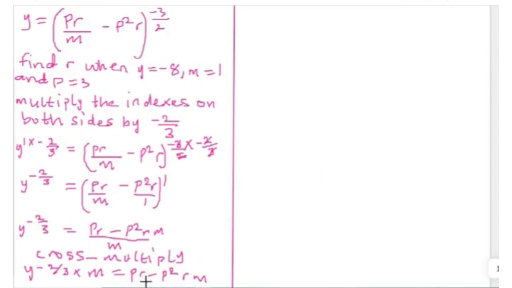Very well. We can see that our objective is to isolate r. So I can rewrite the entire expression as y raised to power −2/3 times m equals, we factor out r, so r goes into (p minus p squared m).